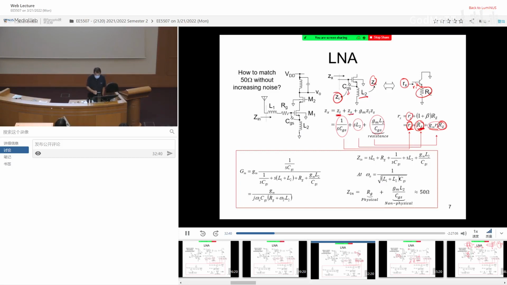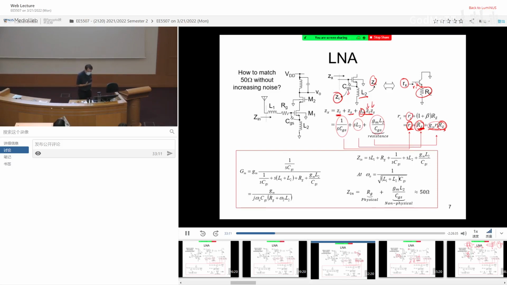The third term is Gm multiplied by Ri multiplied by Re, so the last term is Gm multiplied by Zi multiplied by Zs. So this is again a very smart way of looking at a circuit. I don't have to go through the whole derivation with the hybrid pi model. I borrow the concept. We have done the BJT, we got the result. So now it's just a matter of mapping.